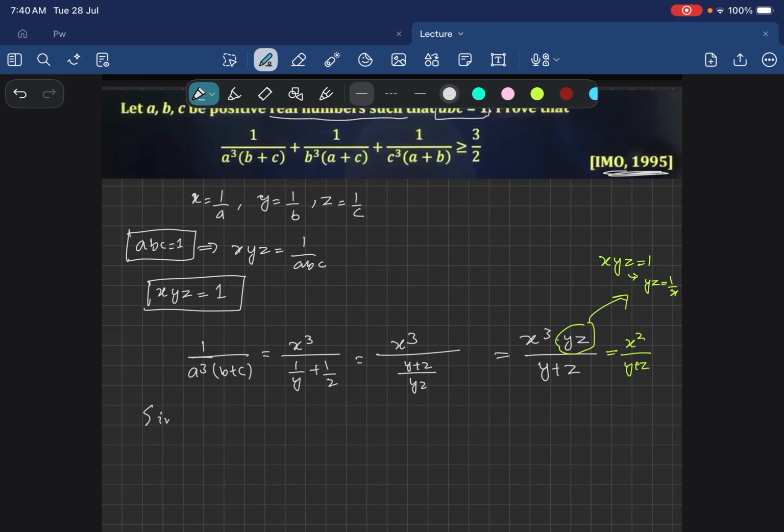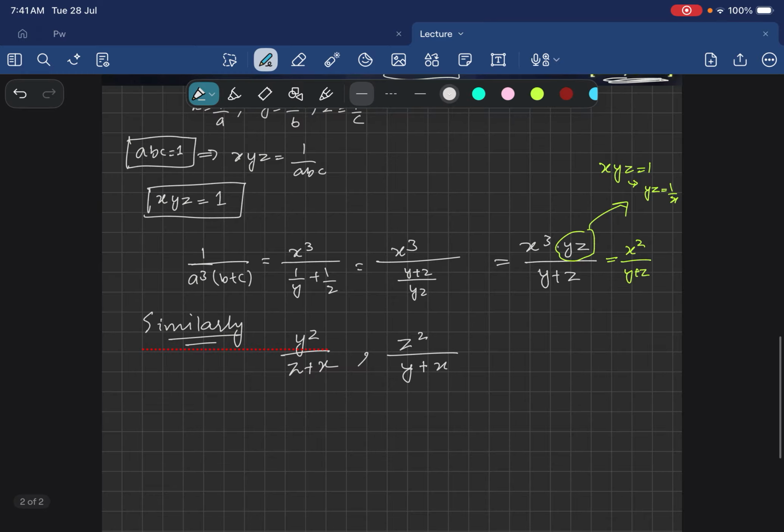Similarly, if you apply this whole thing on the second term, you will get y square over z plus x. And for the third term, you will get z square over y plus x, right?